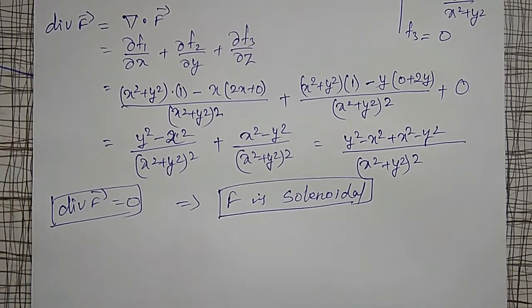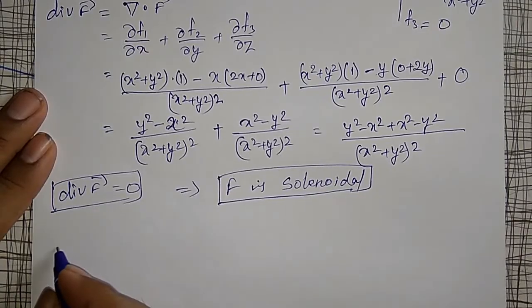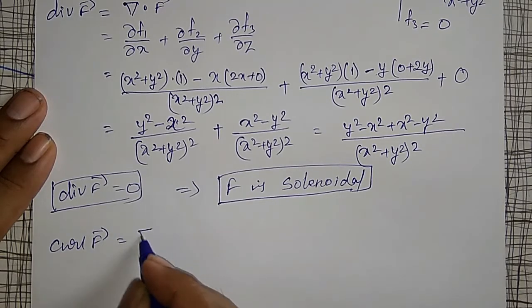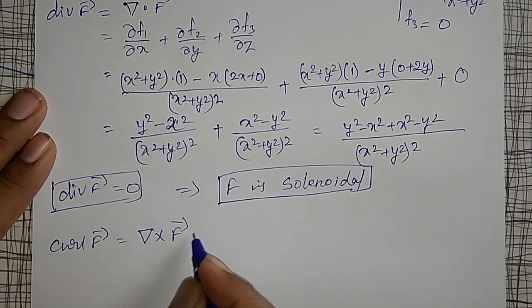Okay, like that, to show that f is irrotational, I have to show now that curl of f is equal to 0. Now curl of f is equal to del cross f.